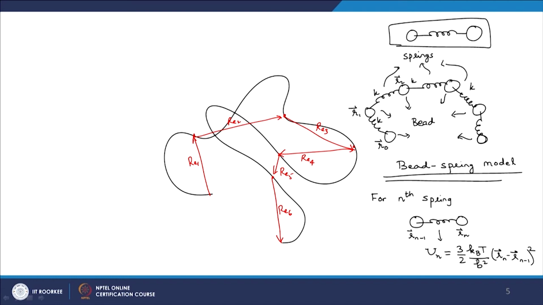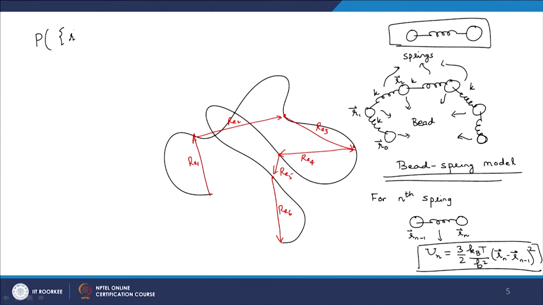So, these springs become like my segments of the polymer chain, and then each of the springs has this particular elastic energy. Okay. So, if I look at the probability distribution of this particular bead-spring model, now we do not look at just the end to end distance of the entire chain. I can look at the end to end distance of the individual springs, or in general I can look at the positions of all the beads, which I can write in shortcut notation like this.